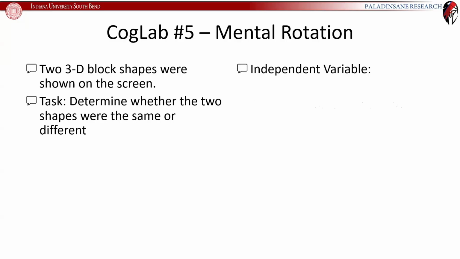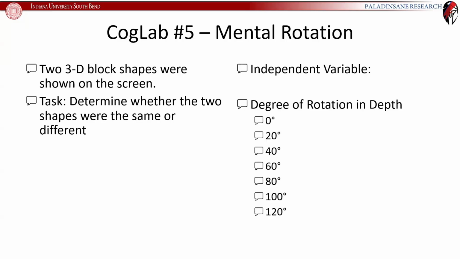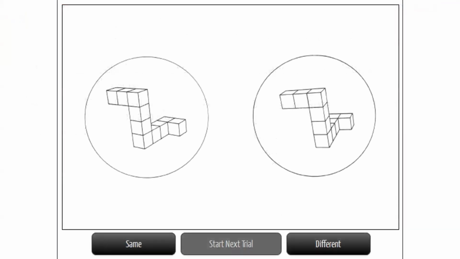And we had an independent variable, the degree of rotation in depth. So the blocks were either rotated 0 degrees in depth, 20 degrees, 40 degrees, all the way up to 120 degrees. So they weren't rotated in the actual picture plane. They were rotated going into the picture plane, going away from you.